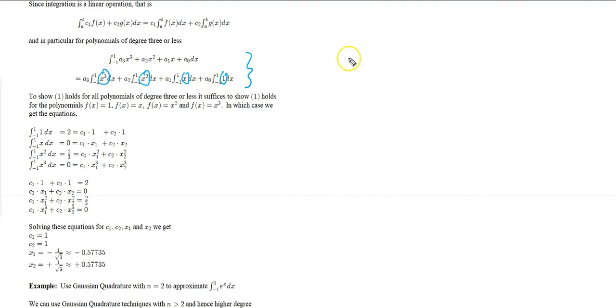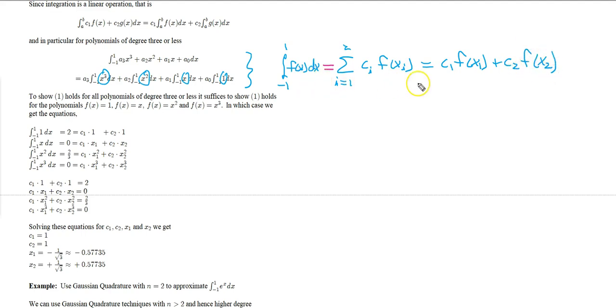So in other words, we need to show that this equation holds, with equality right here, when f is the polynomial 1, x, x squared, and x cubed.